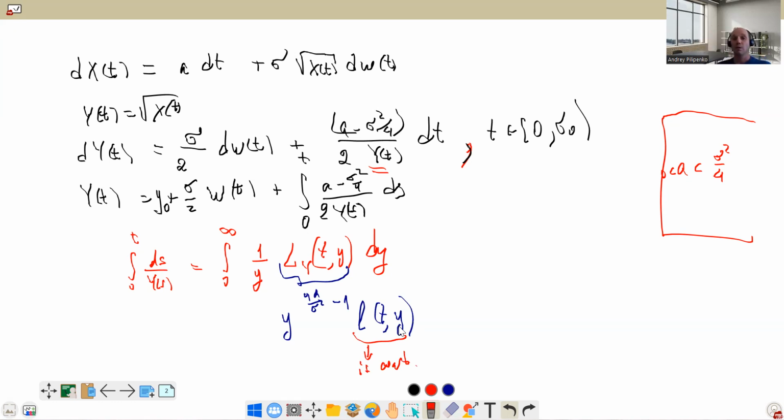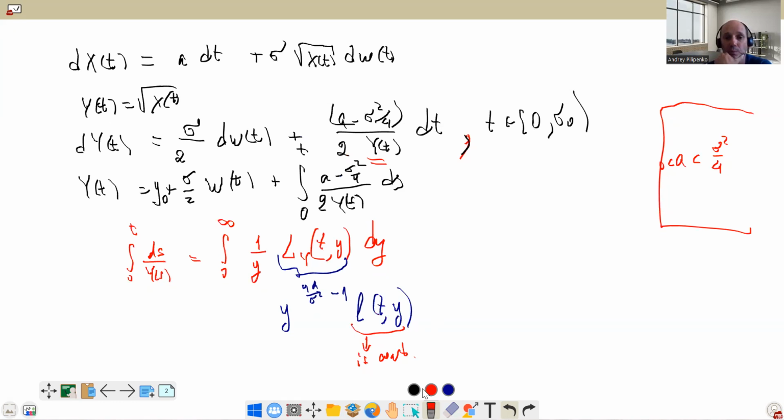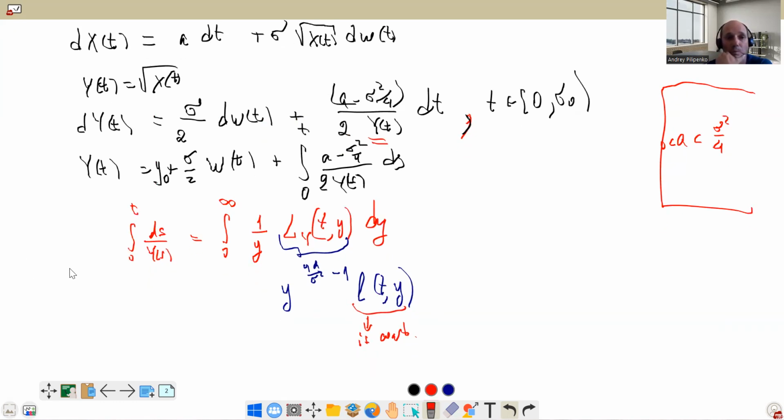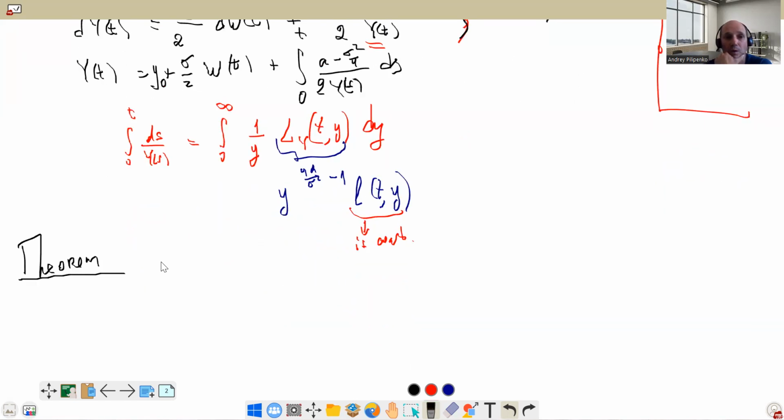And now the result. The process y of t is a solution to the following stochastic differential equation.